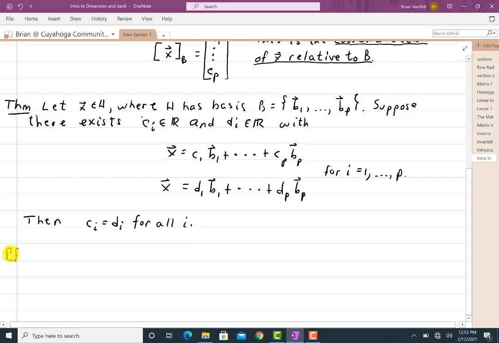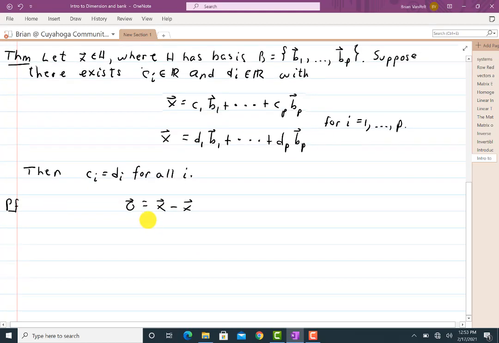So let's go ahead and prove this thing, and there's really not much to do. You can do the 0 vector is equal to X minus X, and that equals C1 B1 plus dot dot dot plus CP BP minus D1 B1 plus dot dot dot plus DP BP.